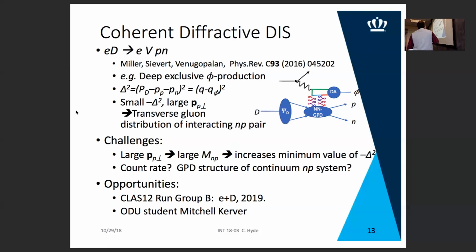And so we're measuring some sort of transition GPD in the continuum, and I shudder to think about all the possible spin angular momentum structures that are there, but let's just sweep that under the rug. I guess that's why, Jerry, this paper is 60 pages long. But so we can look at the gluonic structure of those interacting.